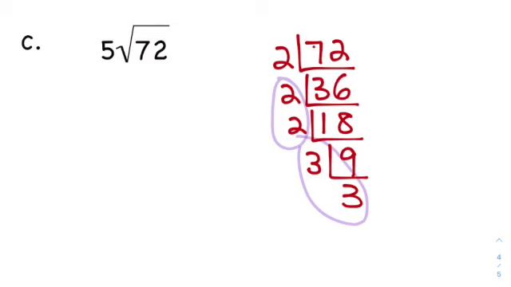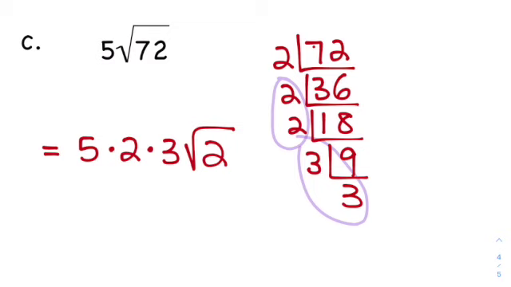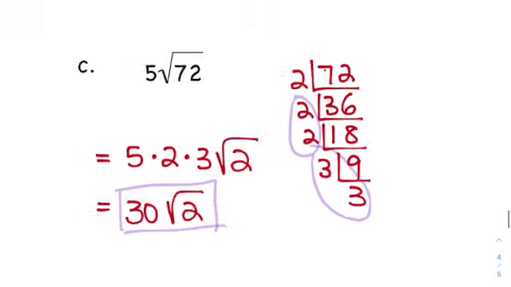Then don't forget there's also a 5 outside, and you're going to multiply the 2 that came outside times the 3 that came outside, and the square root of 2 that does not have a pair stays inside. 2 times 5 times 2 times 3 is 30, so your answer is 30 square root 2 for letter C. Please try letter D yourself.